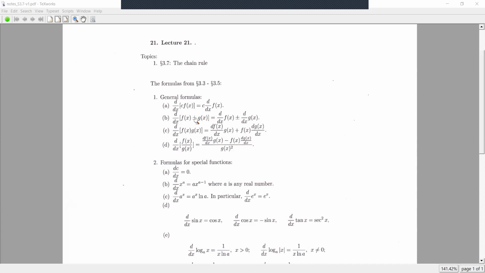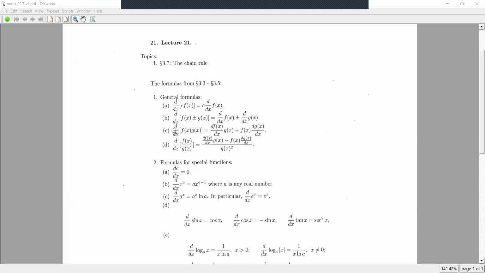It says that the derivative of a sum is the sum of the two derivatives. Formula number 3 is the difference formula. The difference formula says that the derivative of a difference is the difference of the two derivatives.